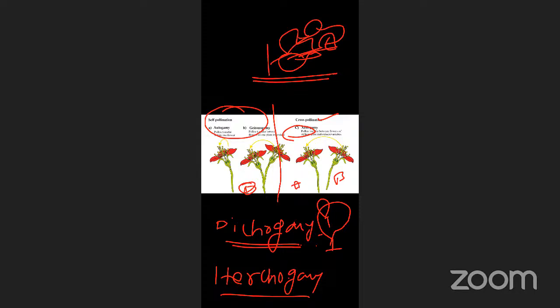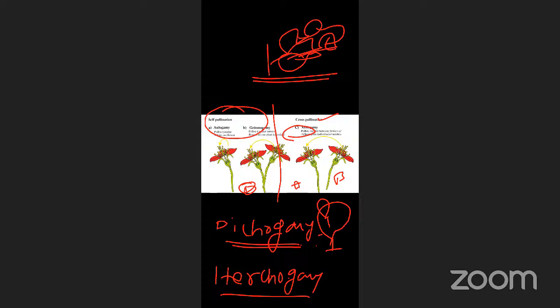Sorry for the inconvenience. Right. So dichogamy is maturing at different times. The immaturity may occur in the pollen, that means the stamens, or maybe it occurs in the gynoecium also. Right.